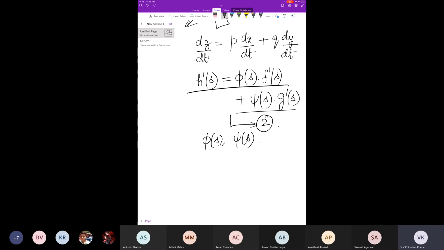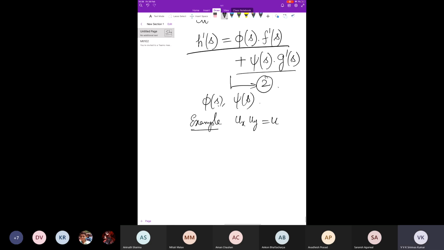Take this example: ux uy is equal to u. So what is f?